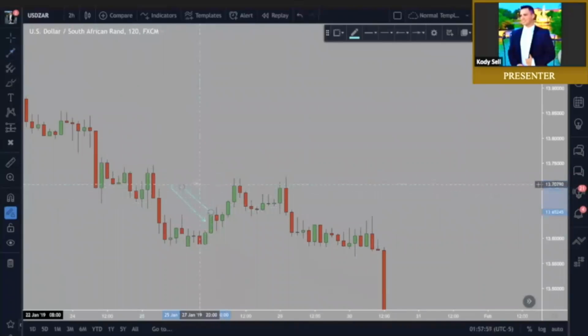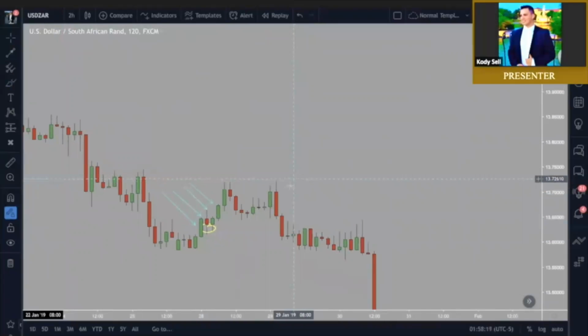Pretty much indecision in here, and then we see even a little bit of wick. Look at this, a wick to the downside right here. So we're seeing pressure from underneath. And then here we go again with the nice bullish candlestick.